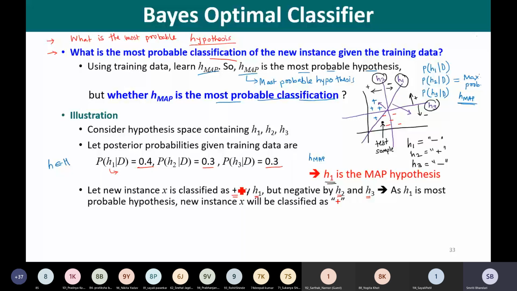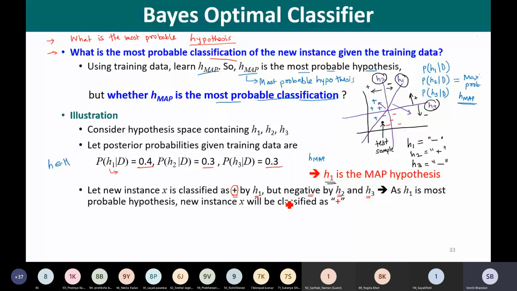So similar is this case. H1 is classifying the new instance as positive and H2 and H3 are classifying the same instance as negative. Now, according to our theory of MAP hypothesis, as H1 is the most probable hypothesis, the new instance X will be classified as positive.